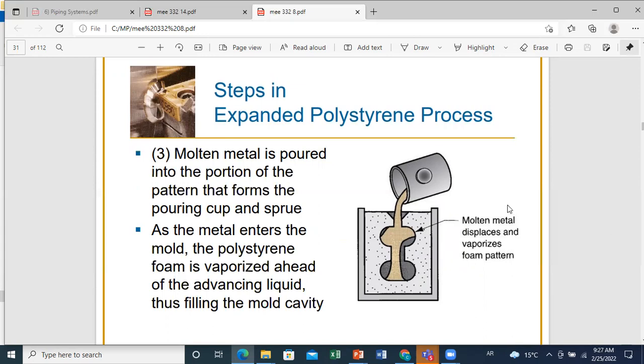So the molten metal will replace the vaporized foam pattern. The foam pattern at small temperatures has a solid behavior. But when in contact with very large temperatures, it will vaporize, and then the molten metal will take its place, and this will allow you to create the shape desired, because the foam pattern will be replaced by your metal.